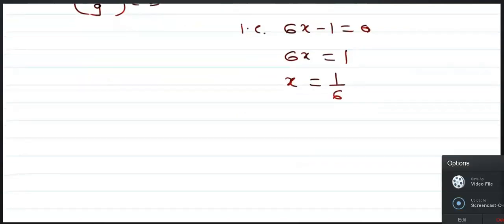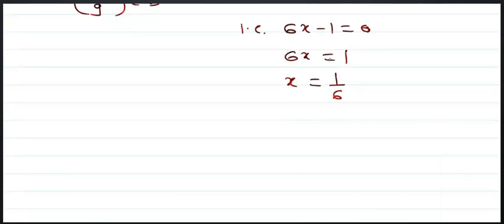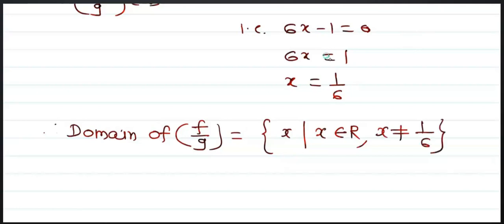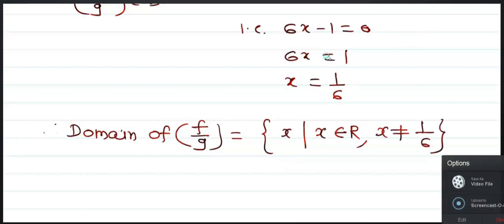Therefore, 6x minus 1 is equal to 0, so 6x is equal to 1 and x is equal to 1 upon 6. That is the domain of f upon g: x belongs to the set of real numbers and x is not equal to 1 upon 6.